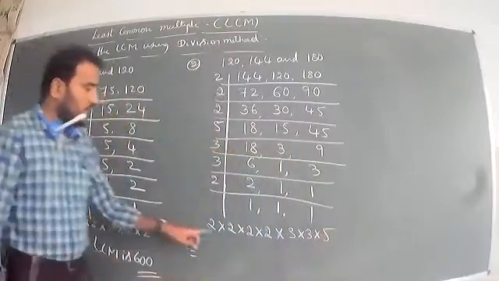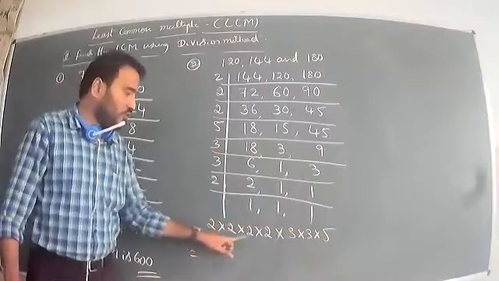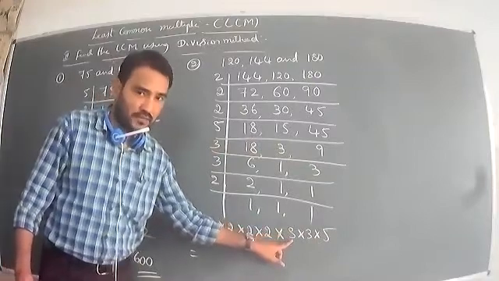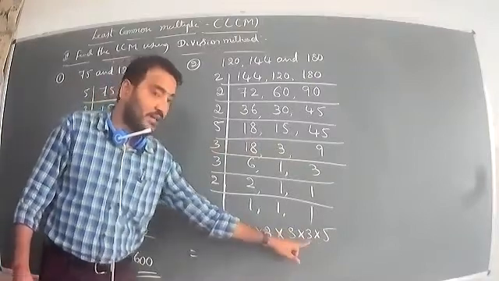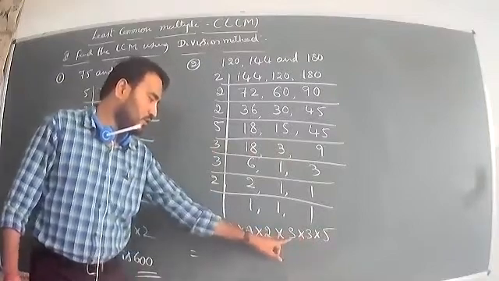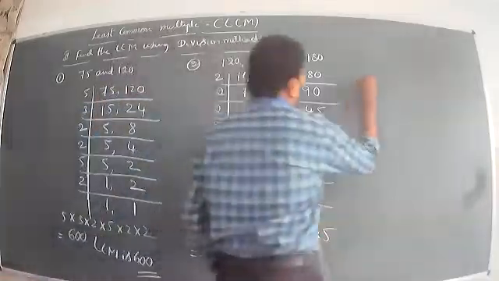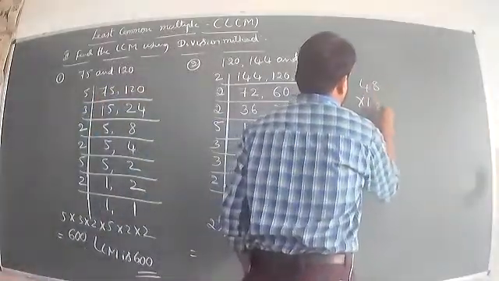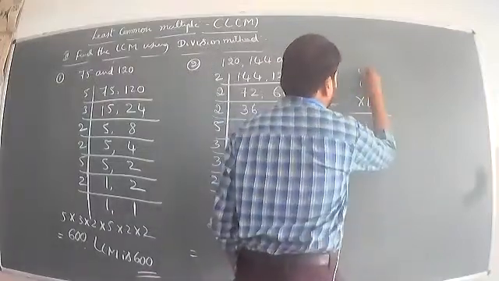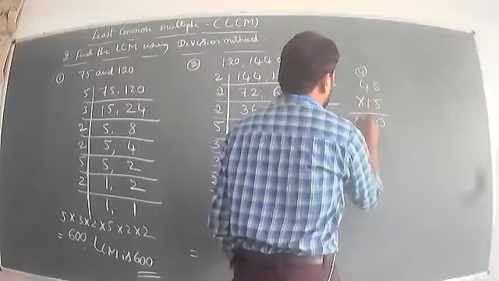Okay, 2 to the 4, 4 to the 8, 8 to the 16, 16 3s are 48, 48 3s are, okay, we can multiply. 48 and 15. 5 8s are 40, 4 carry, 5 4s are 20, 20 plus 4, 24.